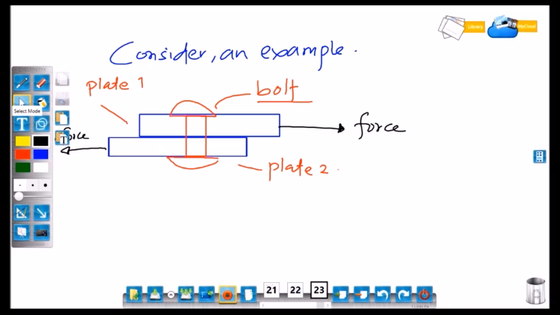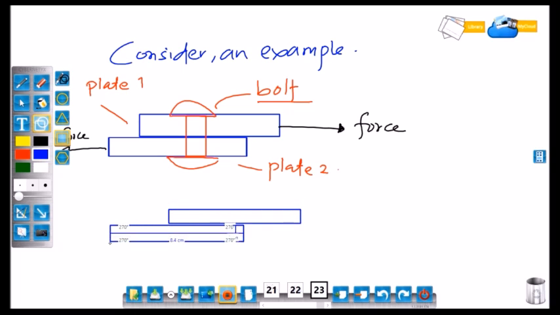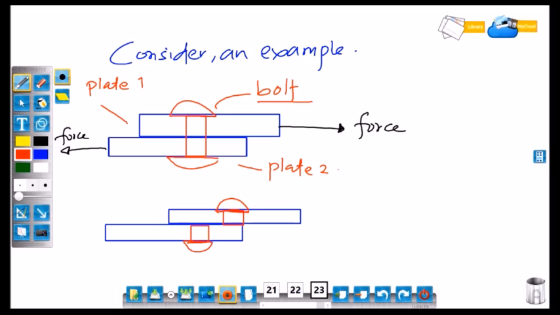The bolt will get sheared off. Look at another diagram. The upper part of the bolt will move with plate 1 and the lower part of the bolt will move with plate 2. This is the shearing area of the bolt, which is parallel to the direction of force.